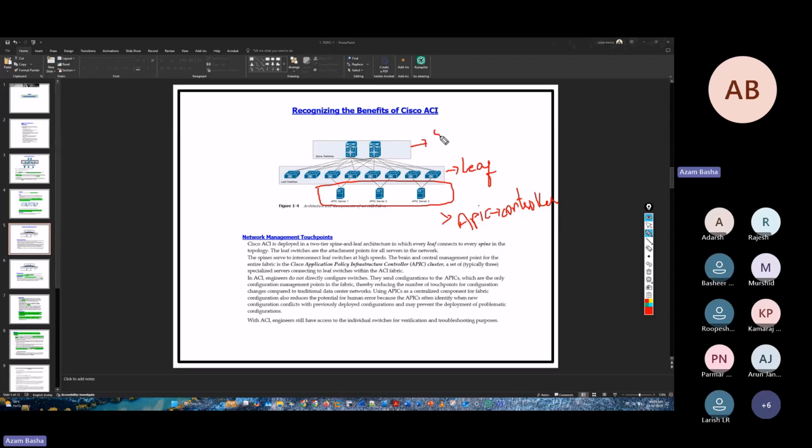The third component is Spine. These are the three components. Epic controller hardware is UCS. Leaf hardware is Nexus. Spine hardware is Nexus. I don't want to go into the model numbers.